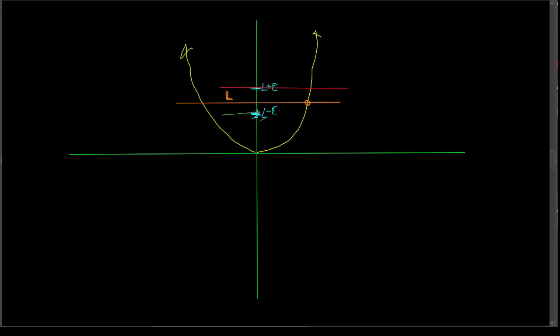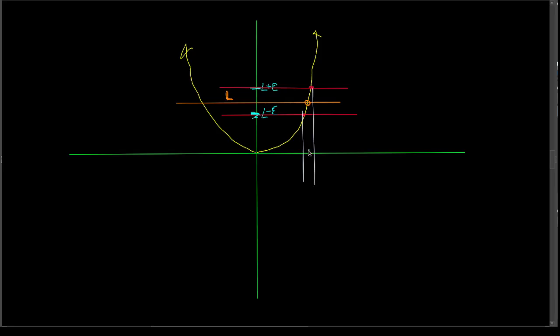So if I draw these back, they end up hitting the function here and here, which means that the only x values that will work for these are much narrower.